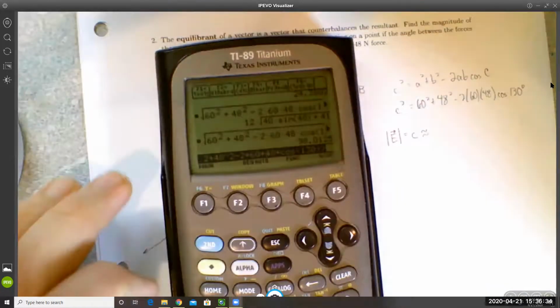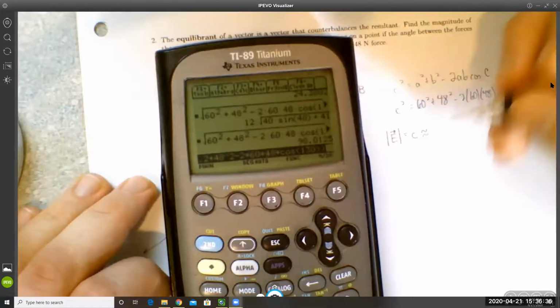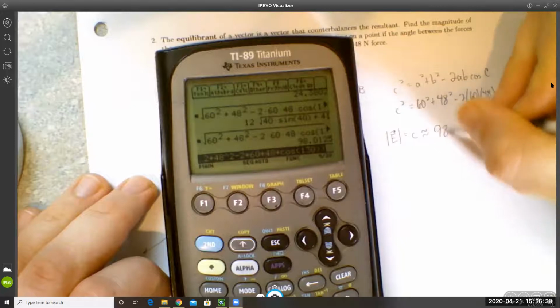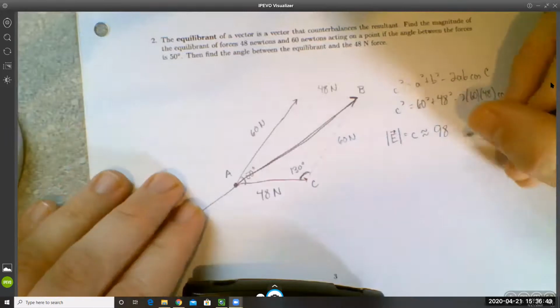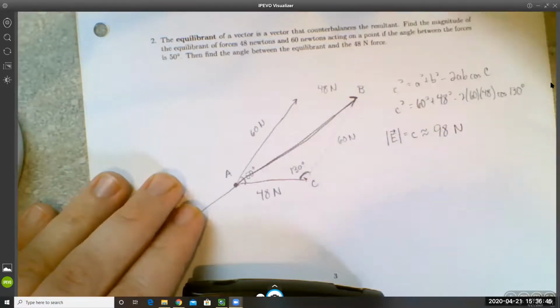That's about 98. How many sig figs did we get? Still 2, so we'll say it's approximately 98 newtons.